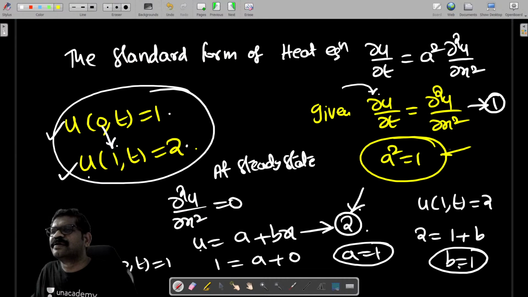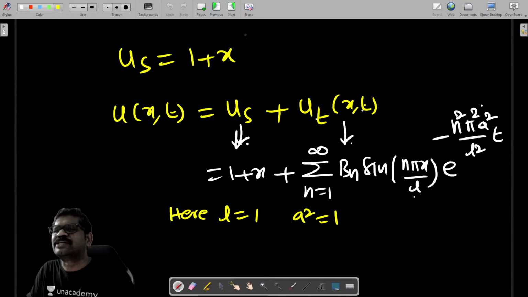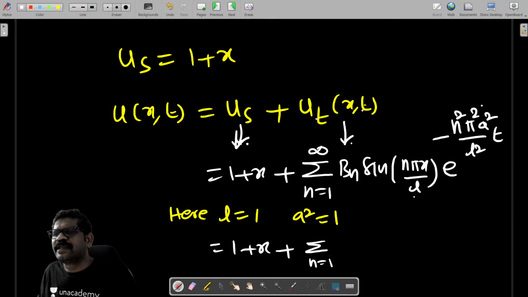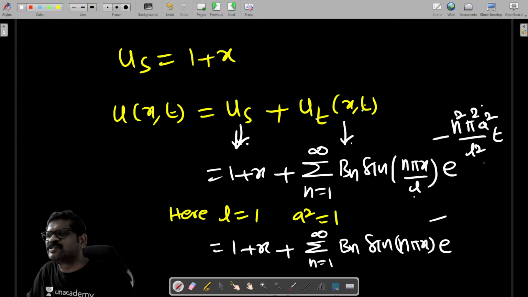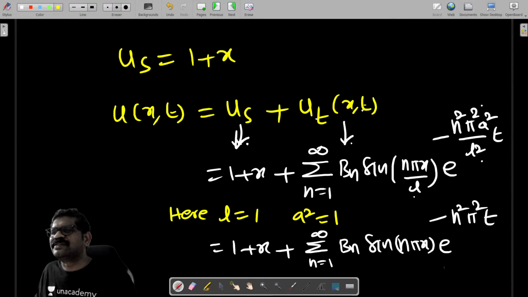Substituting in the solution, you will get 1 + x + sigma n = 1 to infinity, bn sin(n pi x) e^(-n² pi² t), since L² is 1 and a² is 1. Call it equation 3.